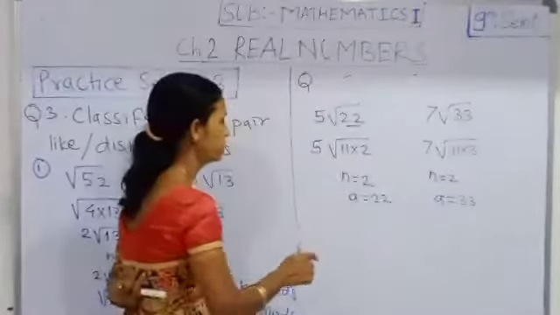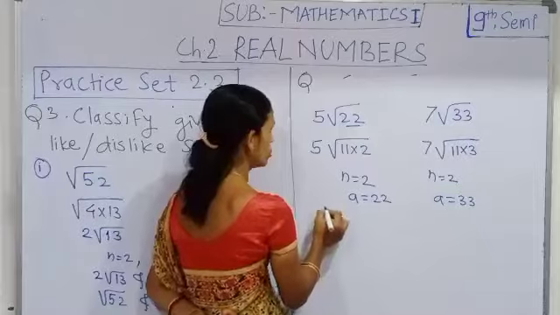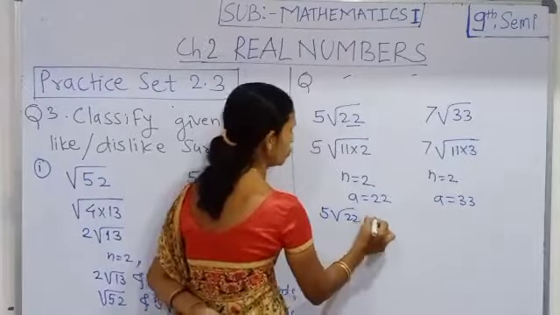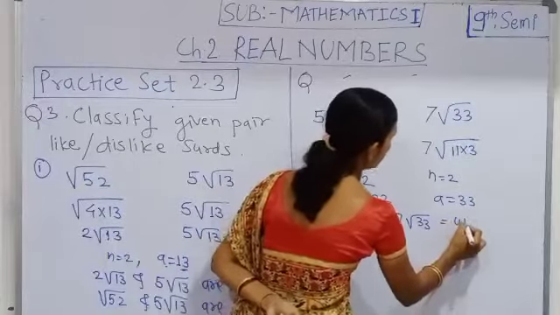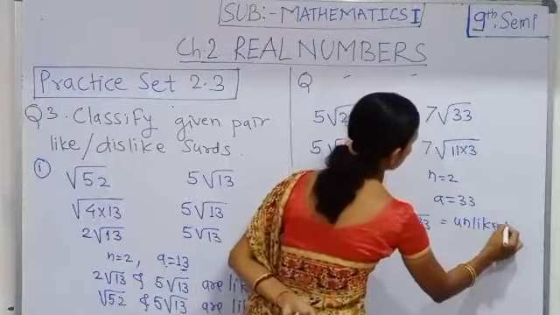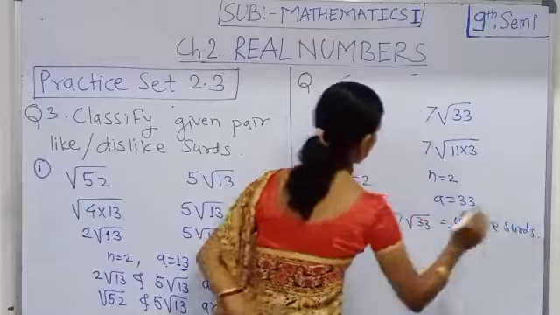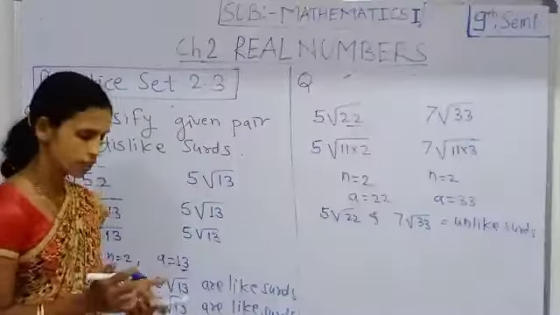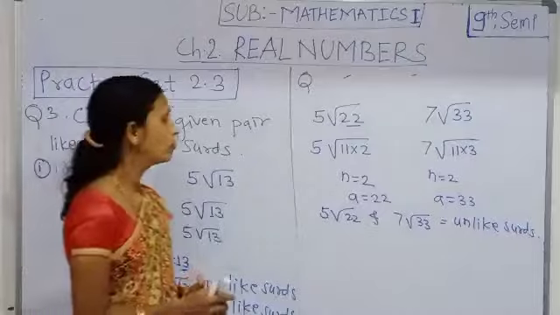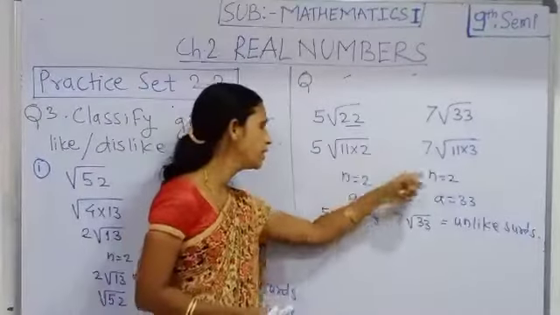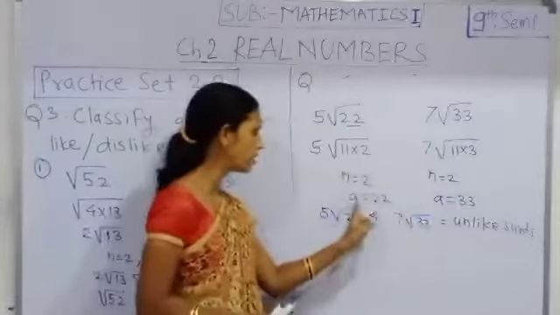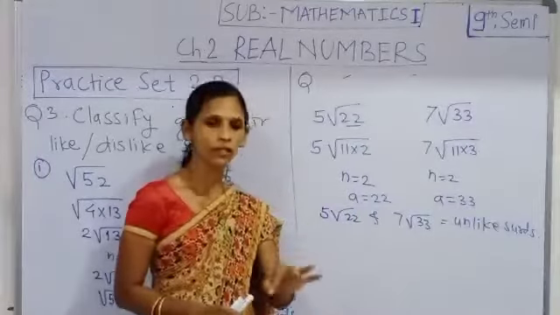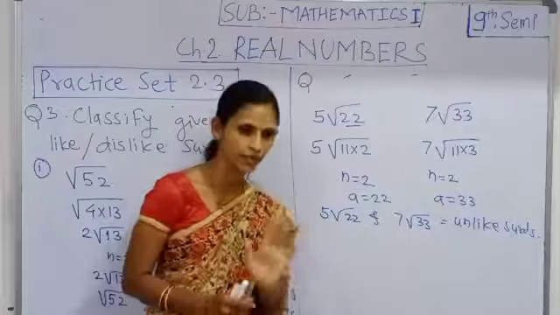Therefore 5 root 22 and 7 root 33 are unlike surds. For like surds, the degree of both surds should be the same as well as the radicands should be the same. Then those surds are like surds.